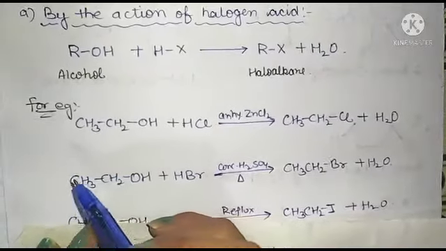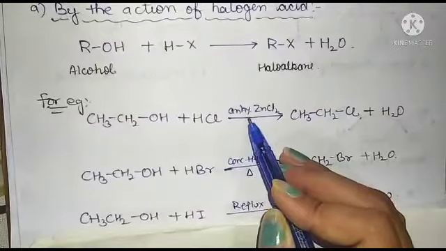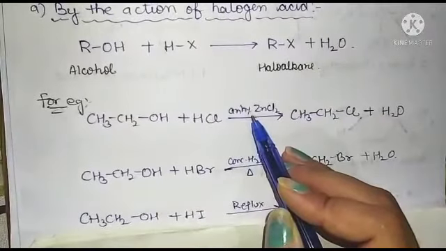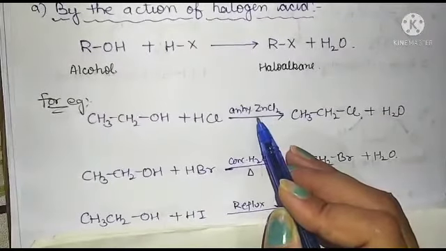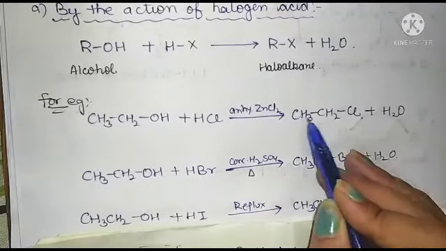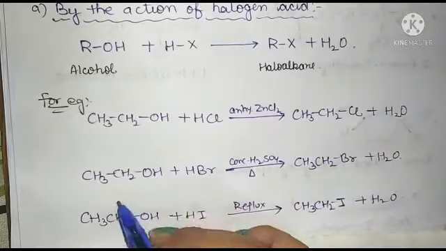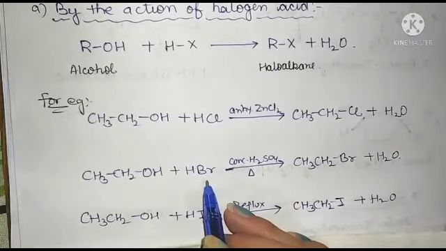It must be balanced. In the presence of anhydrous zinc chloride, it will form the haloalkane, which is chloroethane, plus water. Clear?